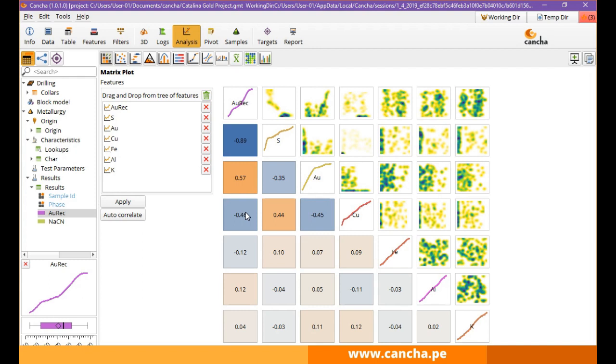Nothing that's really blowing our minds as metallurgists. This is quite expected. And a whole bunch of these other elements, aluminum and potassium and whatnot, really don't have any correlation at all. So this is interesting. Again, nothing we can build a model around yet.